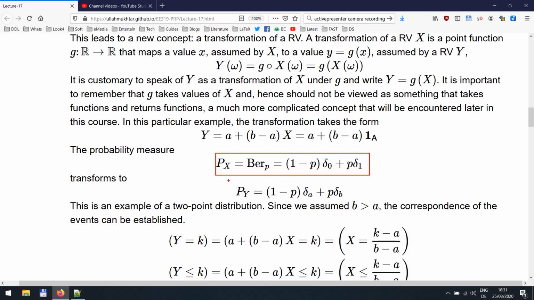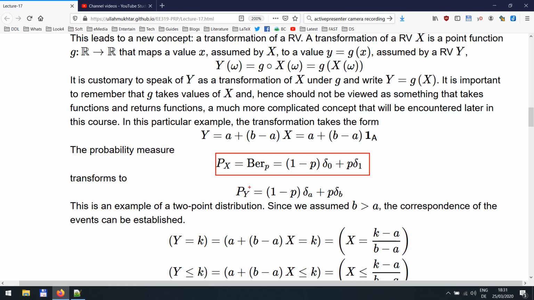We know the actual probabilities will not change. So 0 has been mapped to A by our transformation g, and 1 has been mapped to B. The probabilities must not change, because the original probabilities correspond to the event A and the event A complement.